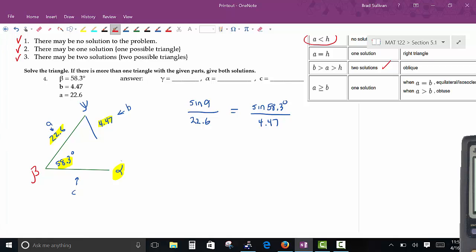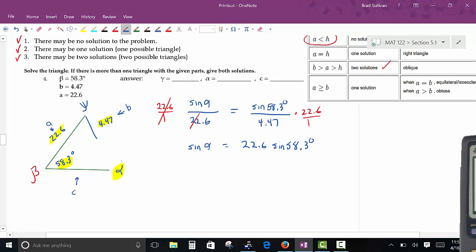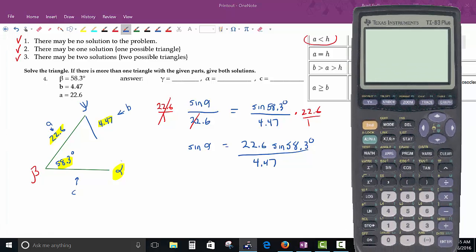So when you solve this proportion, the logical approach would be just to multiply both sides by 22.6. So what you would end up getting is the sine of alpha on this side, and I'm going to write this as 22.6 times the sine of 58.3 degrees all over 4.47. Okay, then I'm going to go to the calculator.